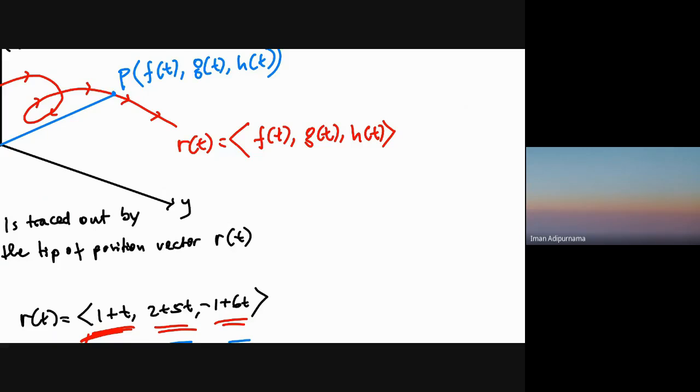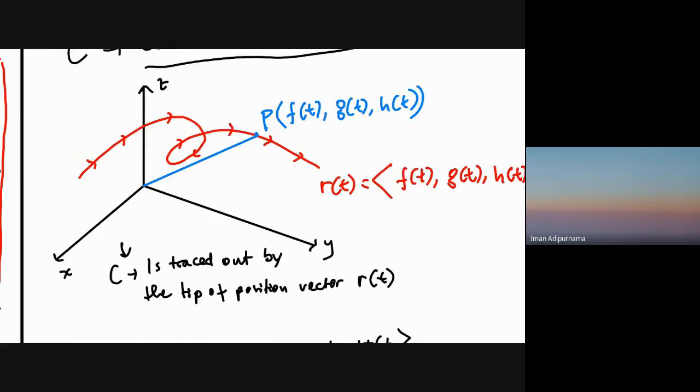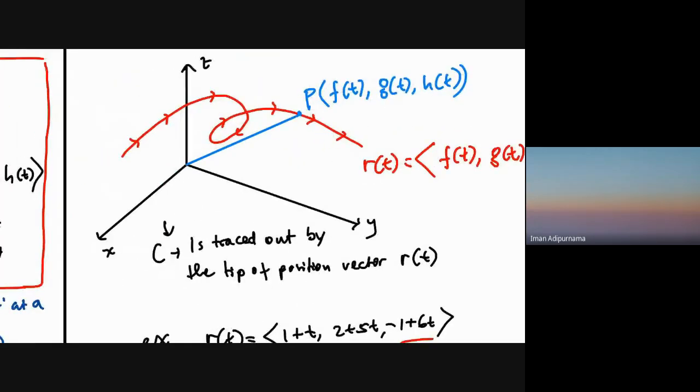Usually like this, or in the standard basis using i, j, and k. That's the vector function. Basically what a vector function means is it will show you, at every t, every position that the vector will be.